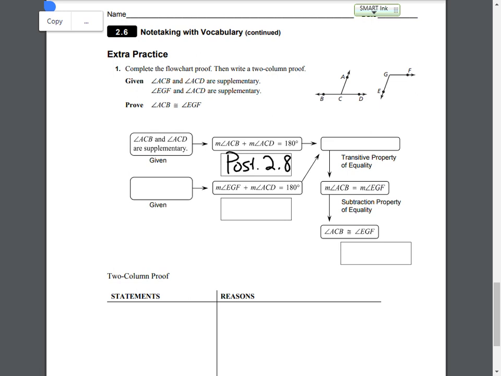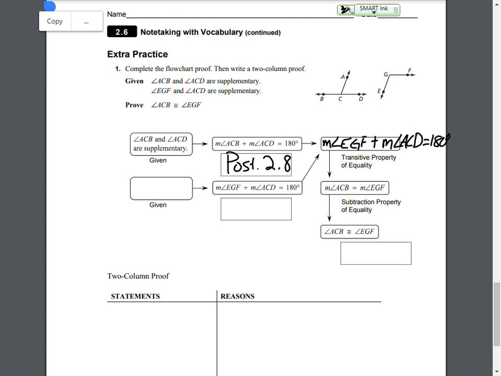The transitive property. So if the measure of angle ACB plus the measure of angle ACD equals 180, what could be our transitive property? We could say the measure of angle EGF plus the measure of angle ACD equals 180 degrees.